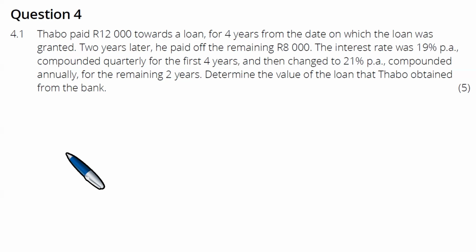Now, let us do this together and analyze what is happening about Tabo, because Tabo paid 12,000 Rand towards a loan for 4 years. So for 4 years, he paid 12,000 from the date on which the loan was granted. Now, 2 years later, he paid off the remaining 8,000.